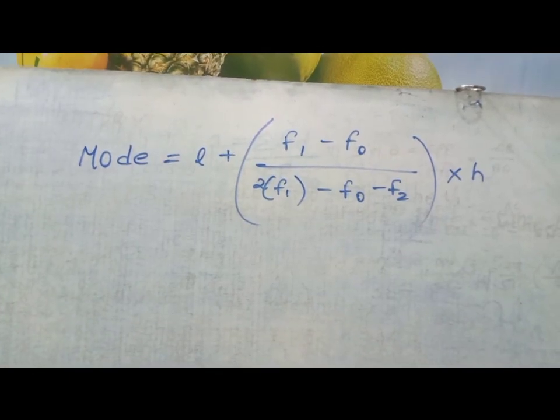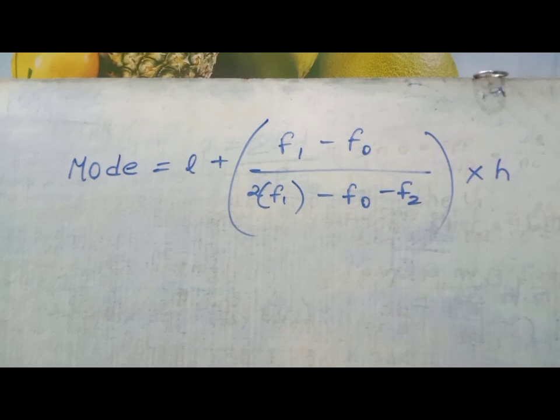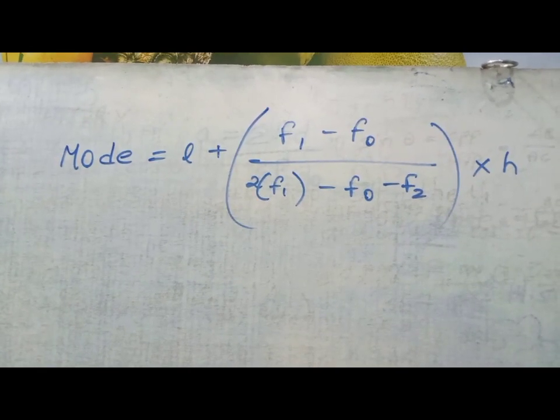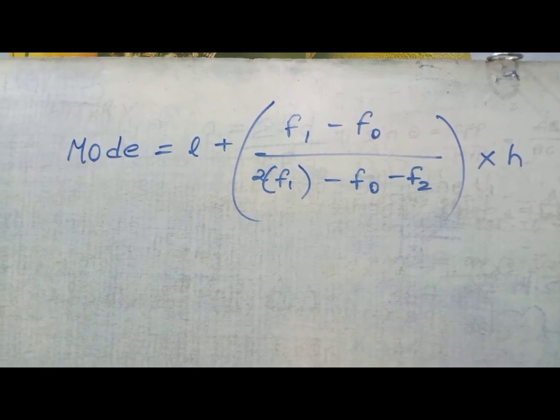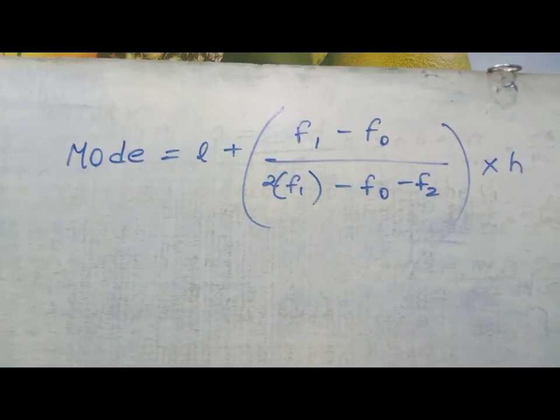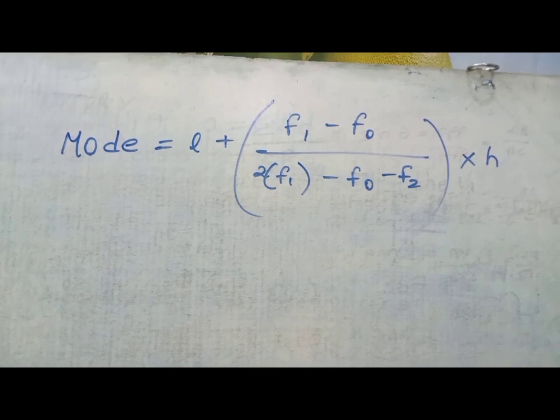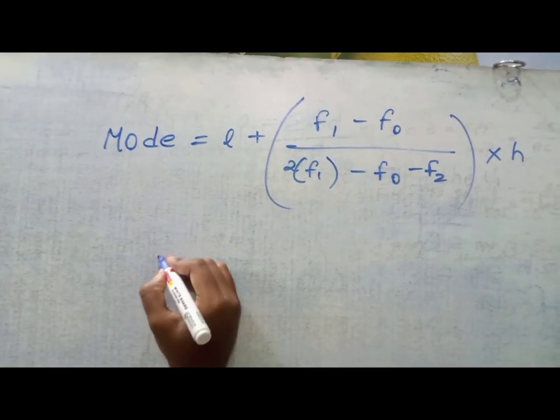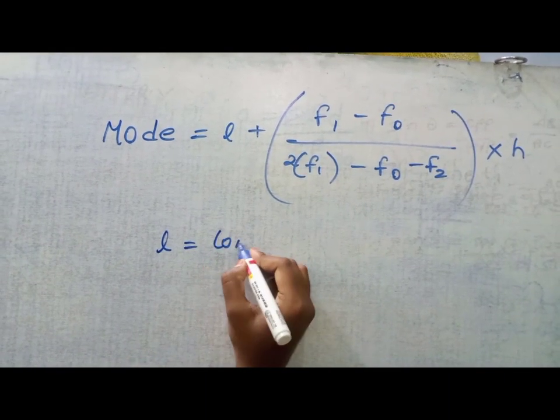The formula to find mode is L plus F1 minus F0 by 2 into F1 minus F0 minus F2 into H. So in exam, they can ask you to write the formula and explain each of the terms in it. Now, L is equal to lower boundary.